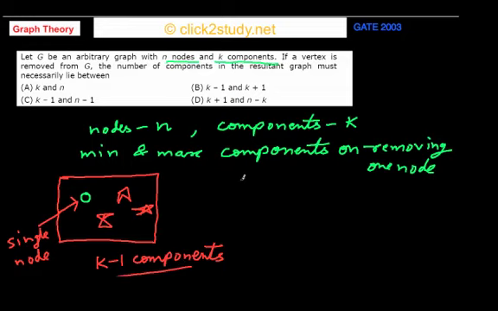The maximum. What you want is, you remove one node, and you generate the maximum number of components. How can you do that?